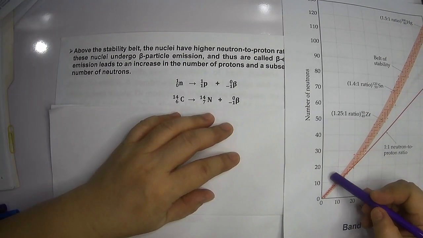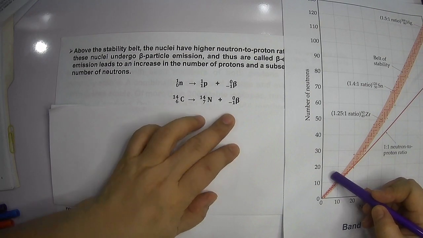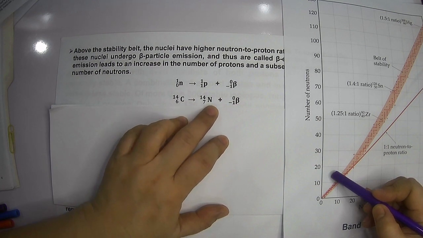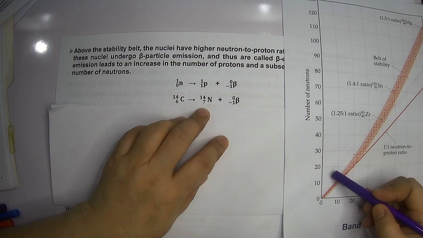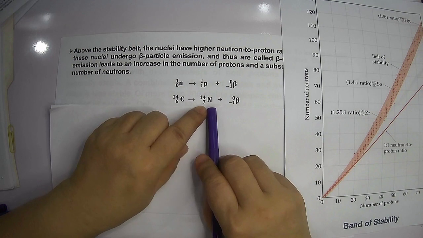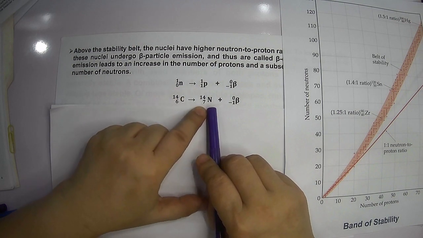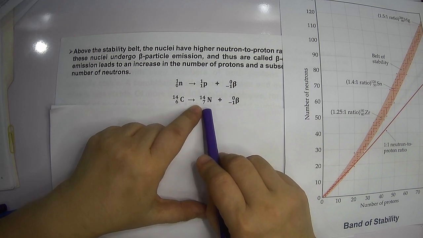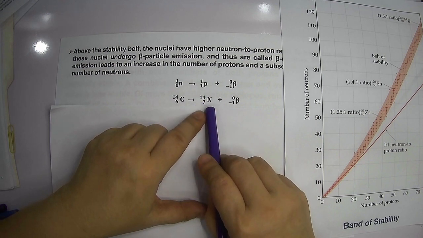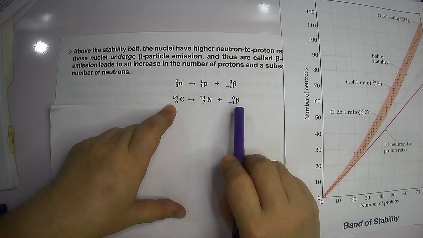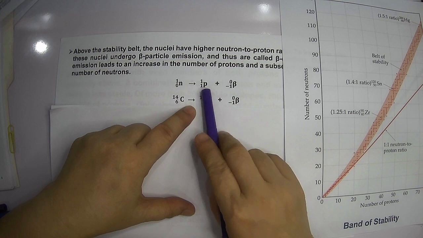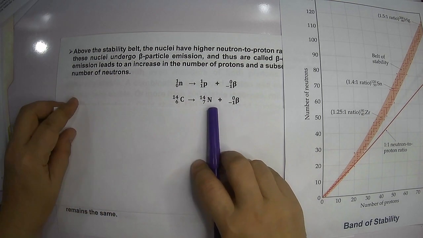To lower the ratio, carbon-14 has to emit a beta particle, and the product is nitrogen-14. Nitrogen has atomic number 7, that is 7 protons, and 14 minus 7 is 7 neutrons. That gives 7 to 7, or 1 to 1. Hence, this nucleus is stable. When carbon-14 emitted a beta particle, it produced a stable nucleus, nitrogen-14.